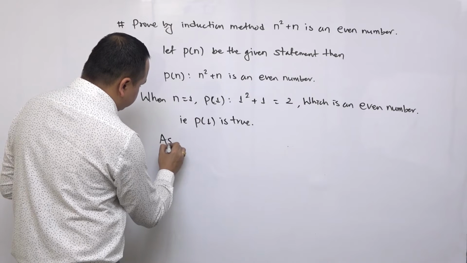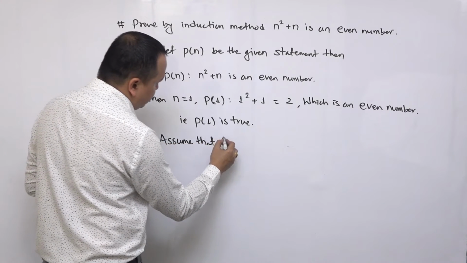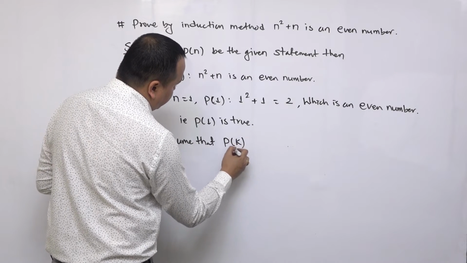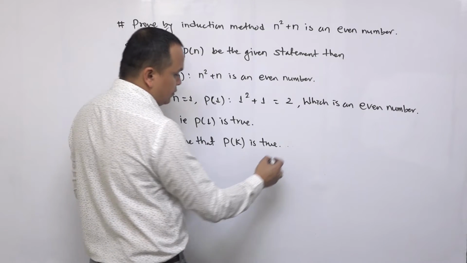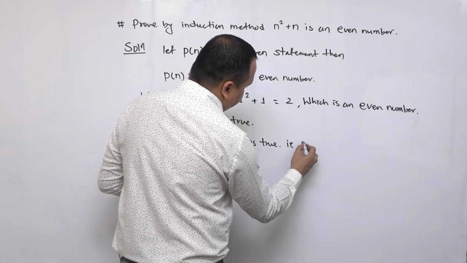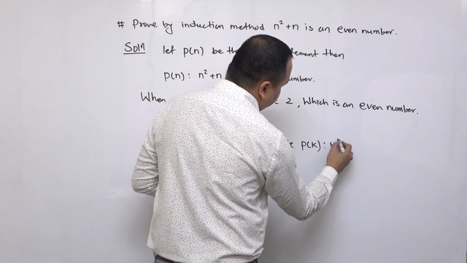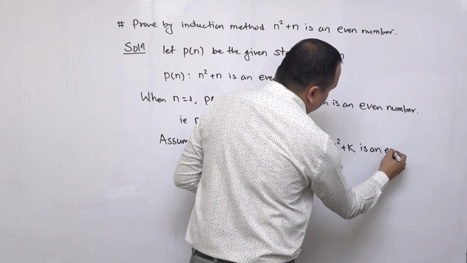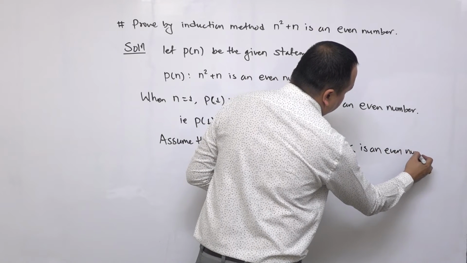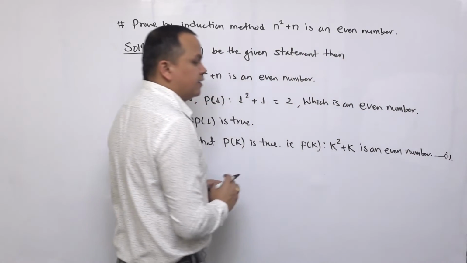Assume that Pk is true. That is, Pk such that k square plus k is an even number. Equation I.